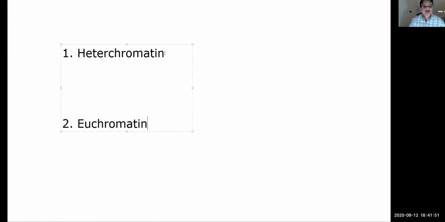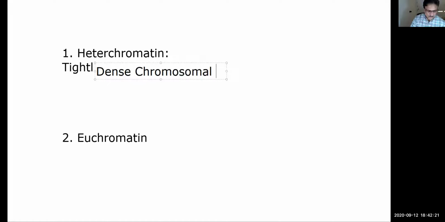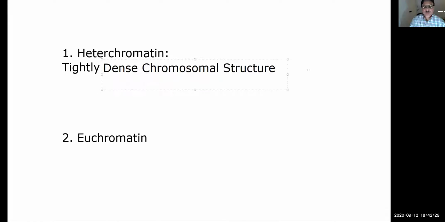Now, heterochromatin represents tightly or dense chromosomal structure, whereas euchromatin is relaxed.